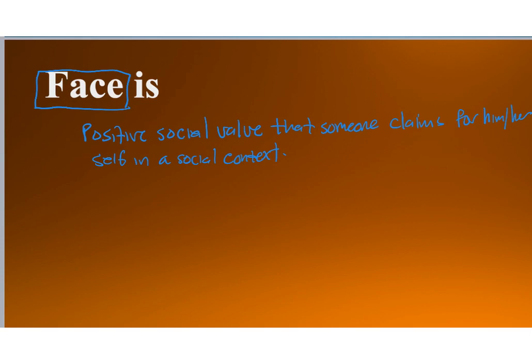all of us enter social interactions with face goals. There's a certain way that we want to be seen and that we want to be perceived. Perhaps when you're in the classroom, you have face goals like, I want the professor to think that I am reliable, or that I am smart, or that I am just a good student generally.